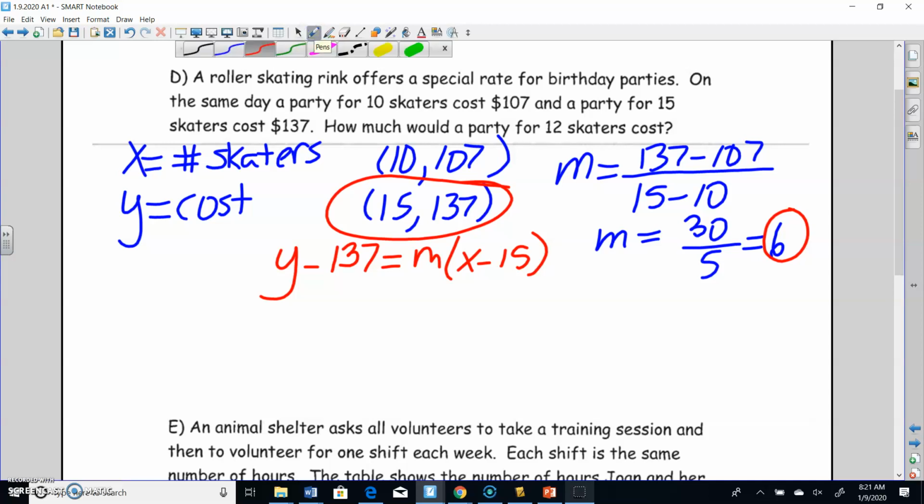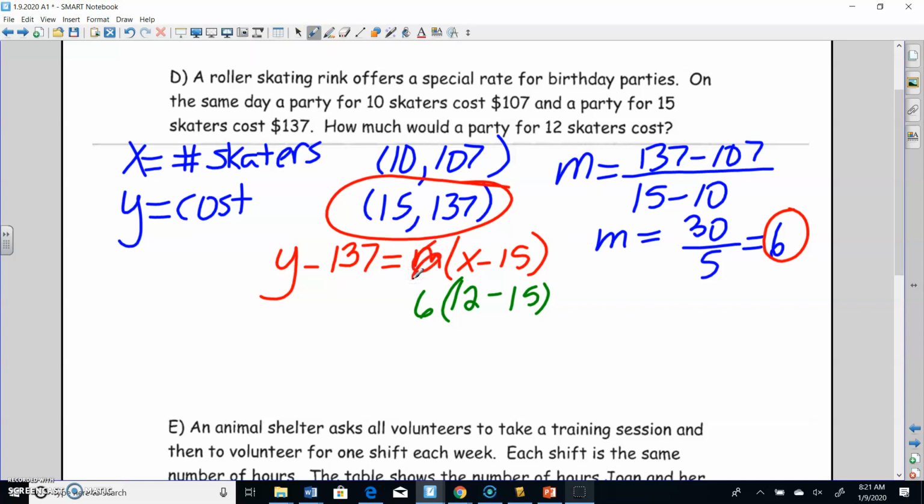So what do we have to do? We need to plug in 12 for which variable is skaters? X. So I'm going to put 12 here. Oh, I should put 6 there. I forgot to put 6 on that, didn't I?